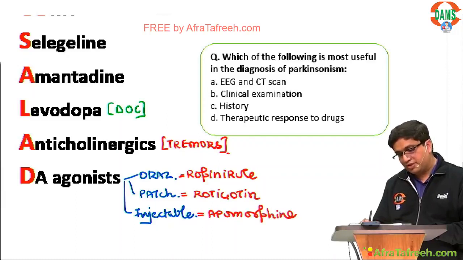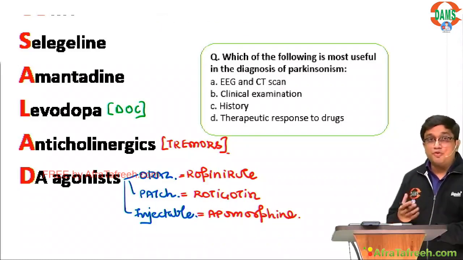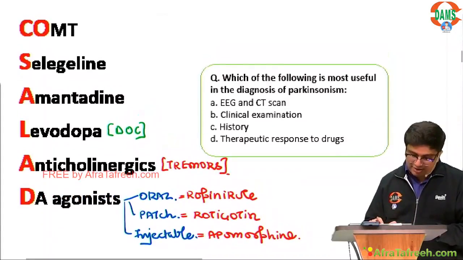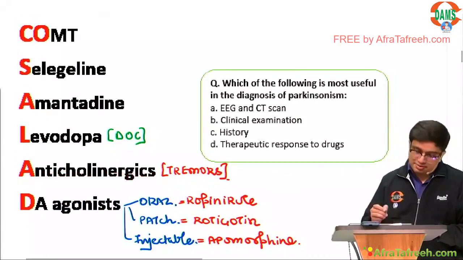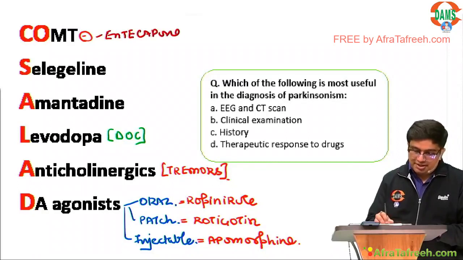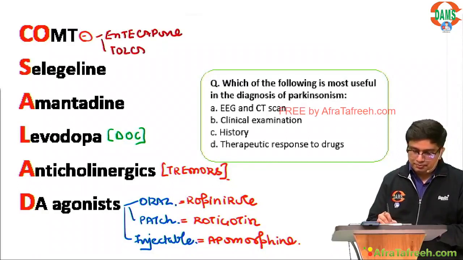But we need to add certain drugs to the patient to have an improved dopamine level, especially after giving levodopa. Like we have these COMT inhibitors with us, two brothers, the entacapone and the tolcapone, and selegiline, which is also known as the MAO-B inhibitor.